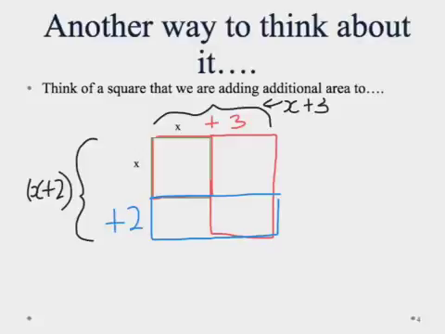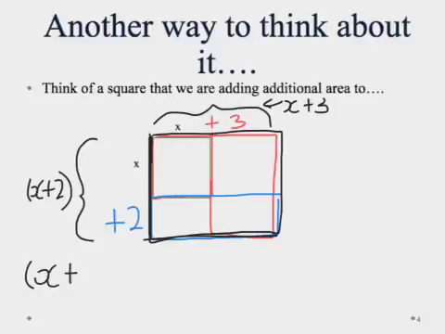We want to work out what the area of this total shape is. To work out the area of a rectangle, we times the base by the height. So our base is x plus 3, and we're multiplying it by the height of x plus 2.